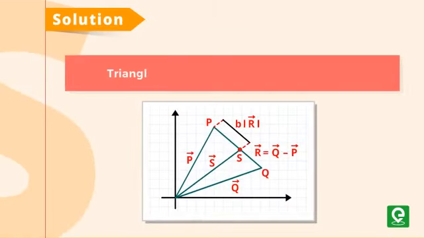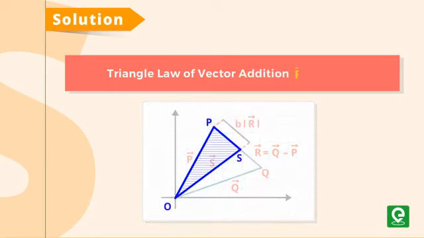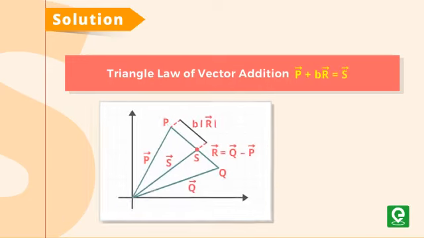Solution: applying triangle law of vector addition in the triangle OPS, P vector plus B times R vector equal to S vector.